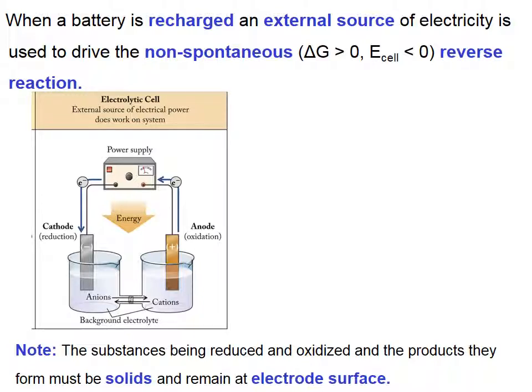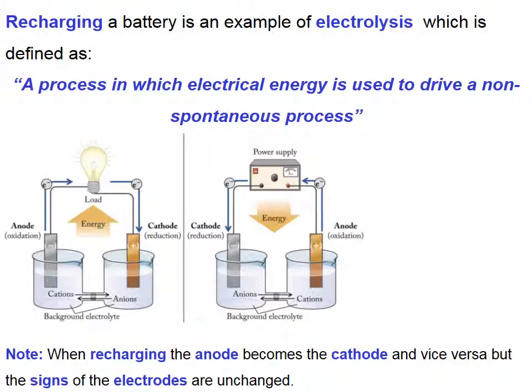And instead of there being a spontaneous flow of electrons from left to right, we are now putting in a power supply and forcing electrons into the cathode. So recharging a battery is an example of electrolysis, which is a process in which electrical energy is used to drive a non-spontaneous process.